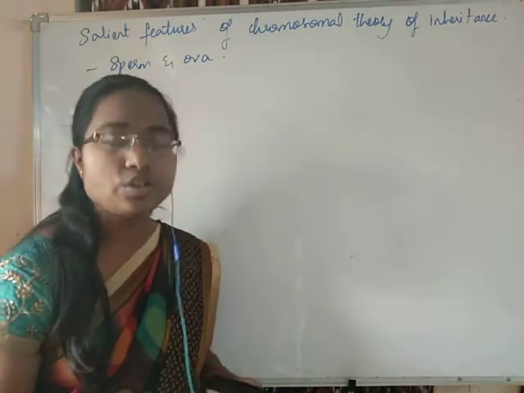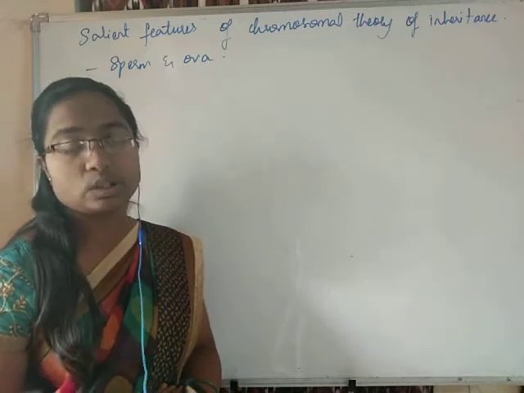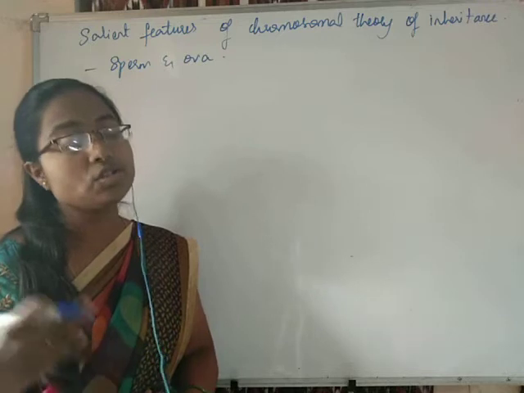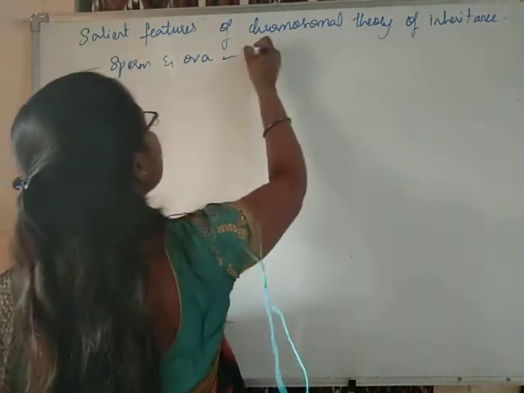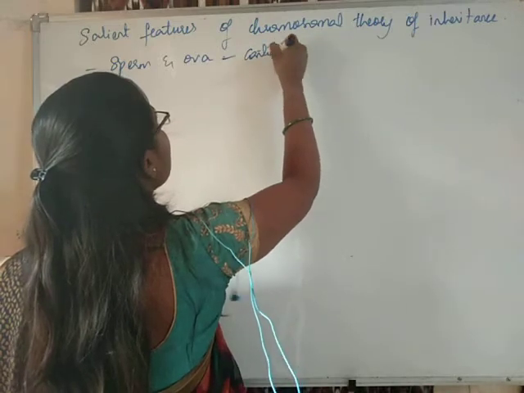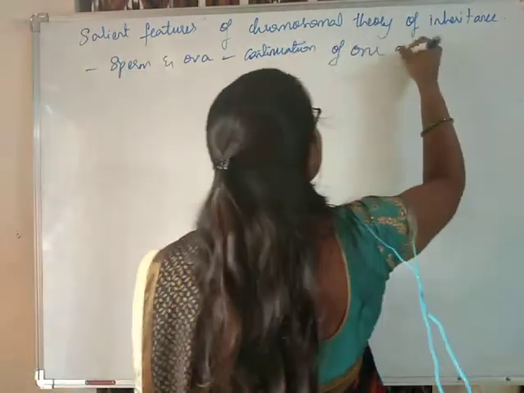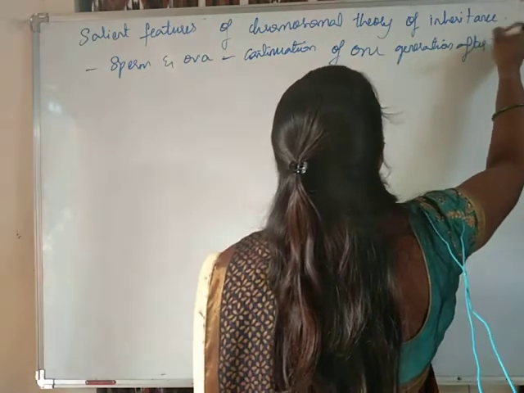How is a new generation produced? From the sperm and ova only, a new generation is produced. So these are the ones which help in the continuation of one generation after another generation.